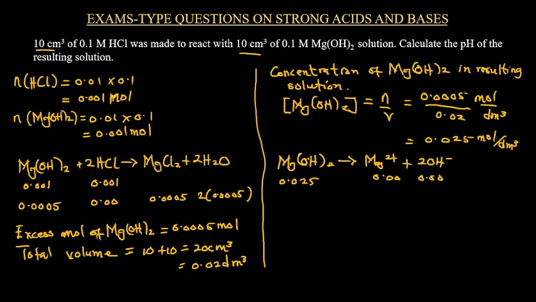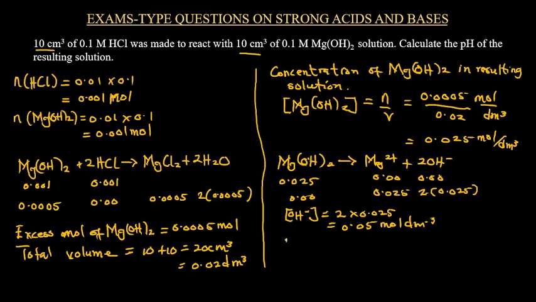Then at equilibrium, because it's a strong base, it will dissociate completely, and then we're going to have 0.025 of magnesium 2 plus in the solution, and twice that concentration for hydroxide anion, which is 2 times 0.025. So from here, we can say that the concentration of OH minus is 2 times 0.025, which is going to be equal to 0.05 mole per dm cube.